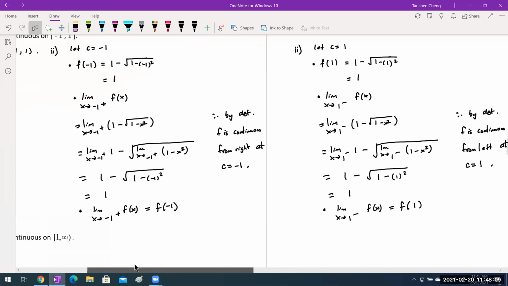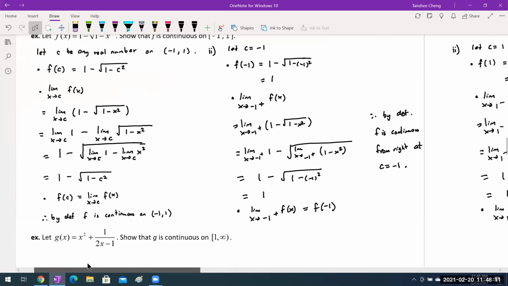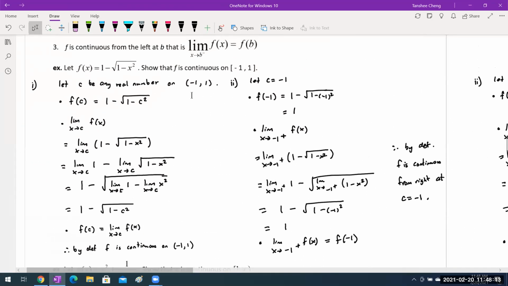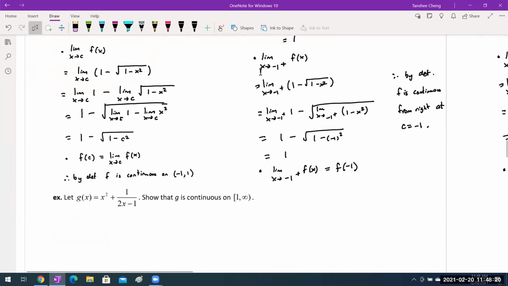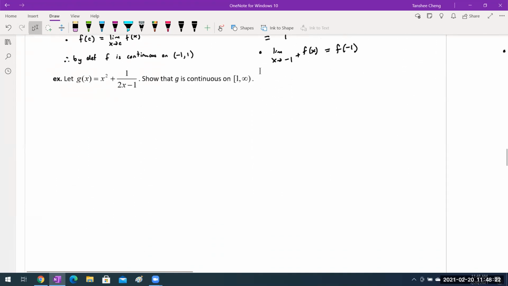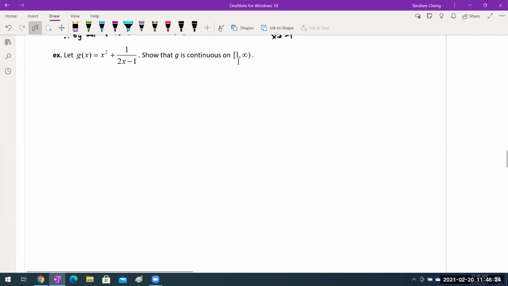So it's a little bit more work to show it's continuous on a closed interval, on both ends. But if we look at the next example, notice that it's continuous everywhere from 1 to infinity. That's what we want to show. Only on what?